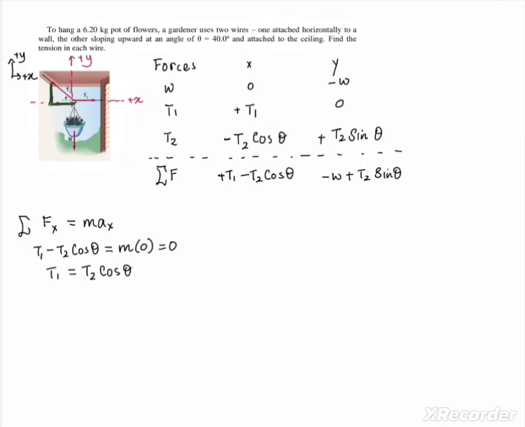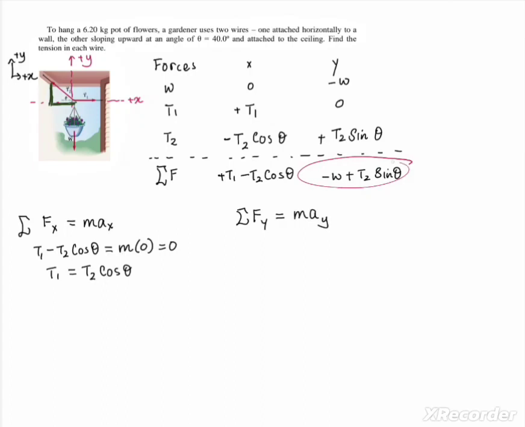Now we have a slight problem here because we do not know the value of T1 or T2, so we cannot solve for T1 or T2 right here. So next up, we can just leave it right there and look at the y direction. F equals ma in the y direction.